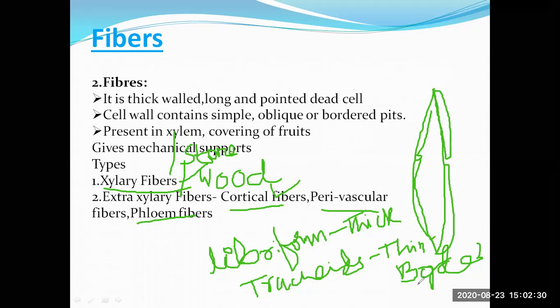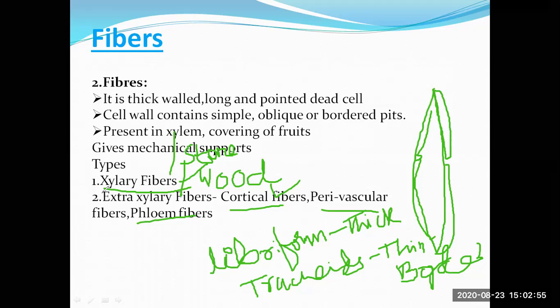So this also comes under xylem fibers. Xylem fibers, also known as wood fibers, are classified into libriform fibers and fiber tracheids, and also the third one, gelatinous or mucilaginous fibers.